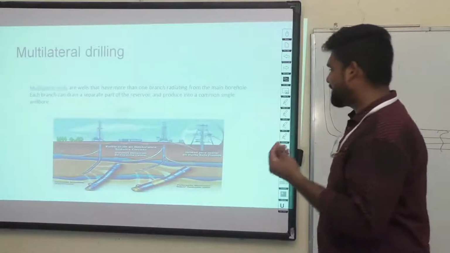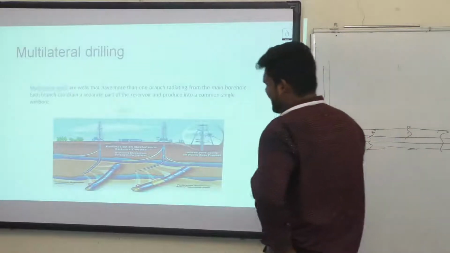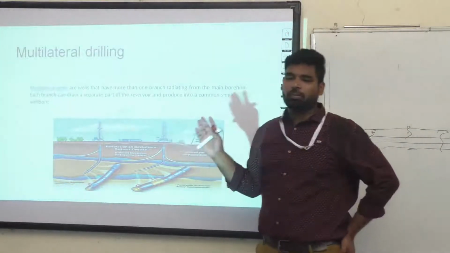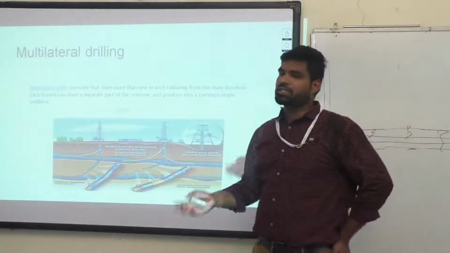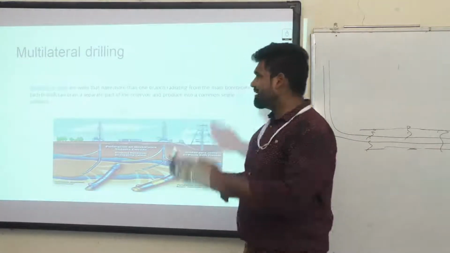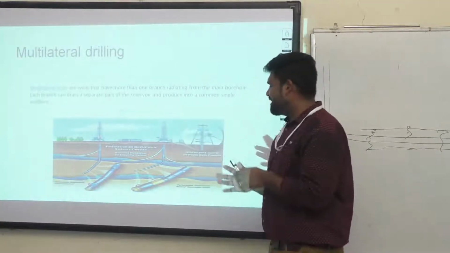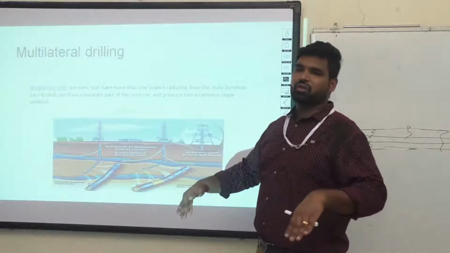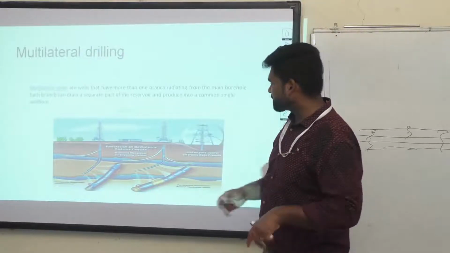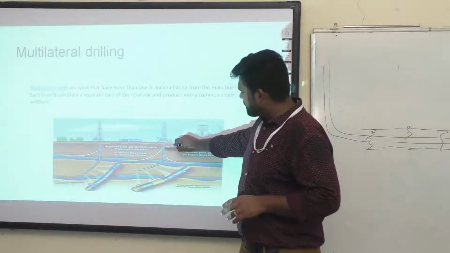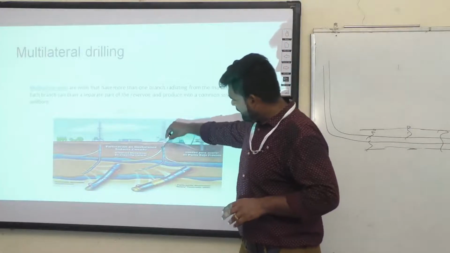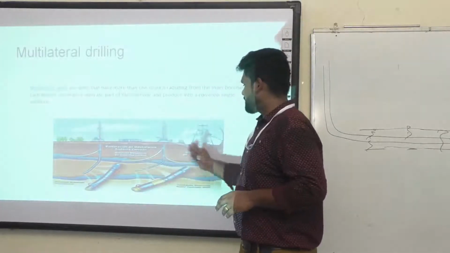Now multilateral drilling. It is the same way as what you have seen with multiple wells from a single offshore location. You put a single well, and from there you drill branches of wells. They have drilled a single well, and they are putting multiple branches.